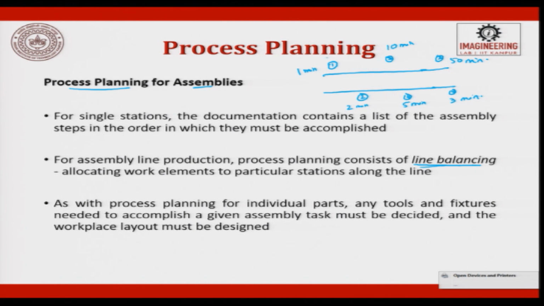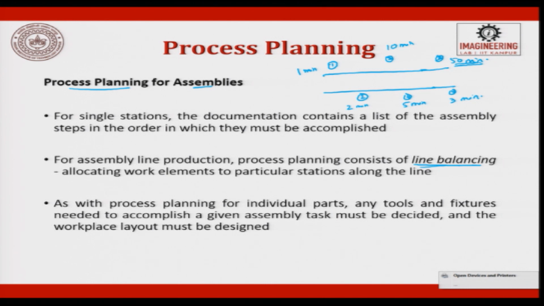If you look at it, all these machines would have done their operation, but this machine with 50 minutes, which is the 5th station, is going to take 50 minutes.